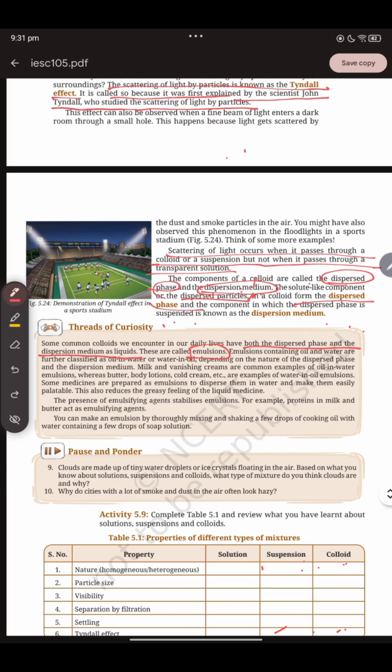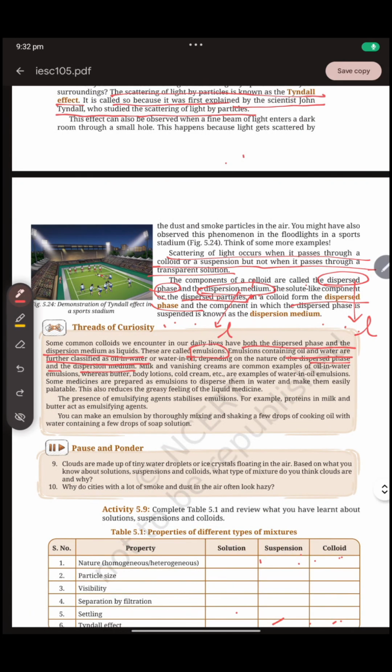Emulsion means the dispersion medium is liquid and the dispersed phase is also liquid. Emulsions containing oil and water are further classified as oil in water or water in oil forms, depending on the nature of the dispersed phase and dispersion medium.